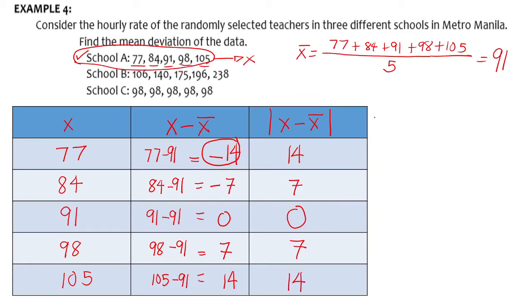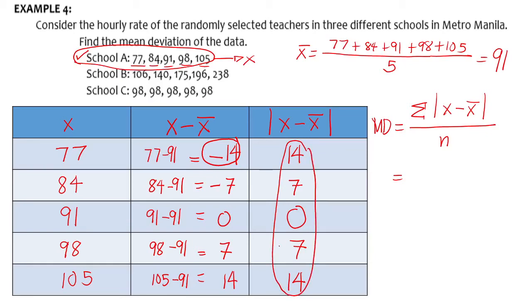And take note, the formula for our mean deviation is the summation of the absolute value of the difference between the score and the mean divided by n. Now, how much is the sum of all these numbers? We will be getting the summation of the absolute values here. How much is 14 plus 7 plus 0 plus 7 plus 14?